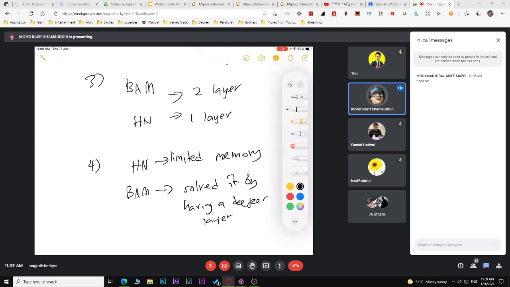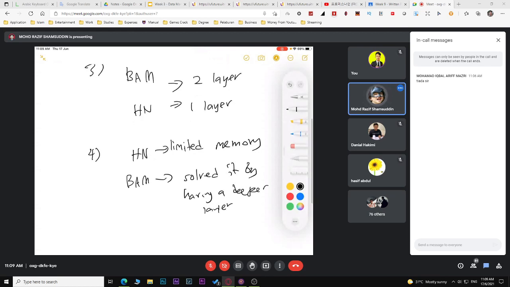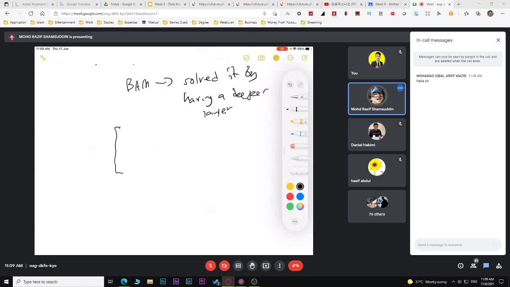Tapi sebenarnya kita boleh buat banyak layer. Okay, so you boleh ada layer yang macam ni contohnya. Lepas tu dia pergi ke layer yang lebih kecil dan lebih kecil. Tapi you kena ada 3 pair lah.